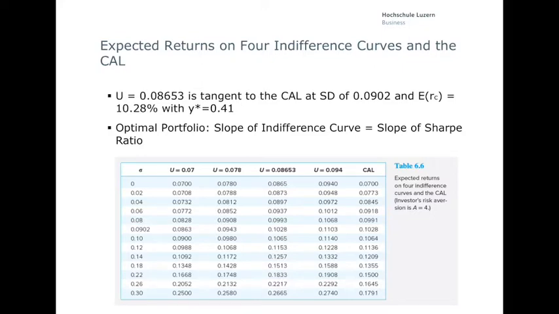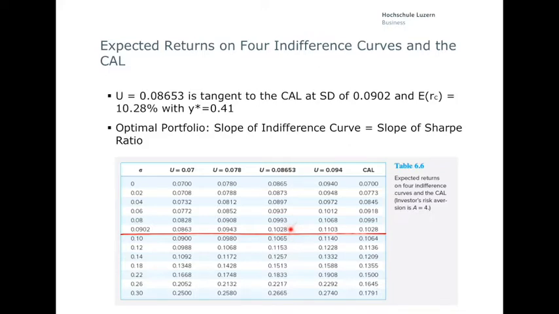Expected returns on 4 indifference curves and the capital allocation line. The tangency point occurs at a standard deviation of the complete portfolio of 9.02% and an expected return of the complete portfolio of 10.28%.